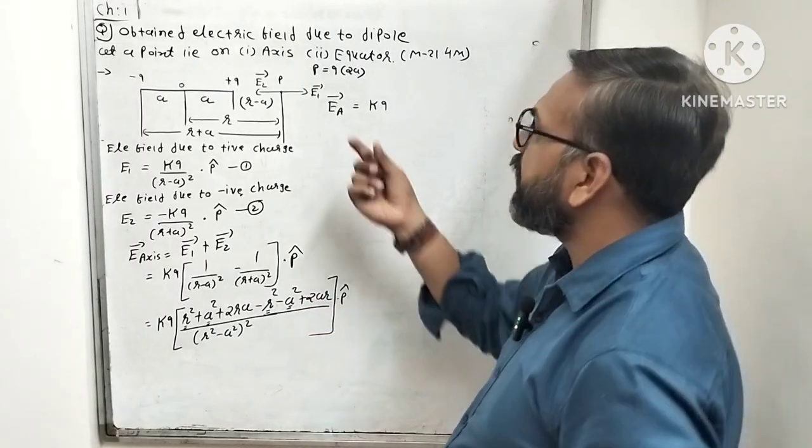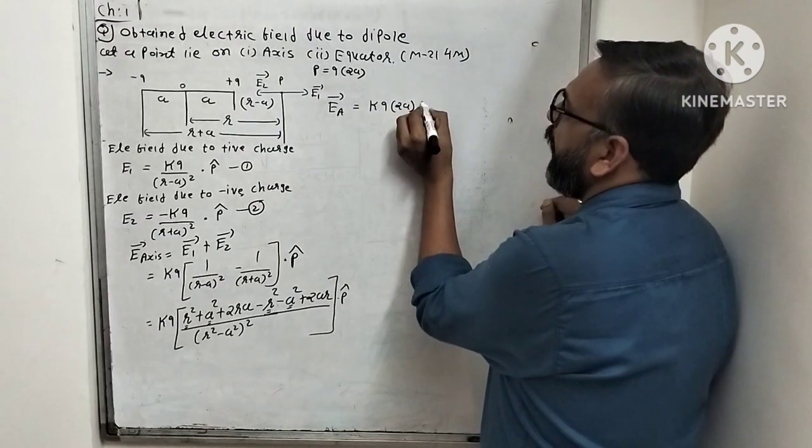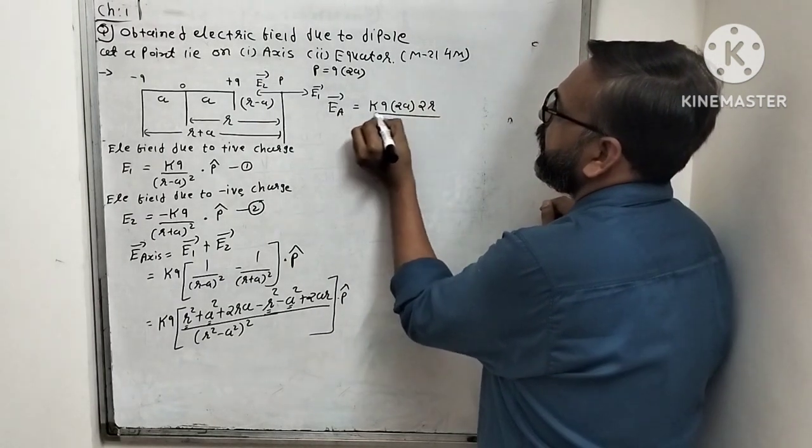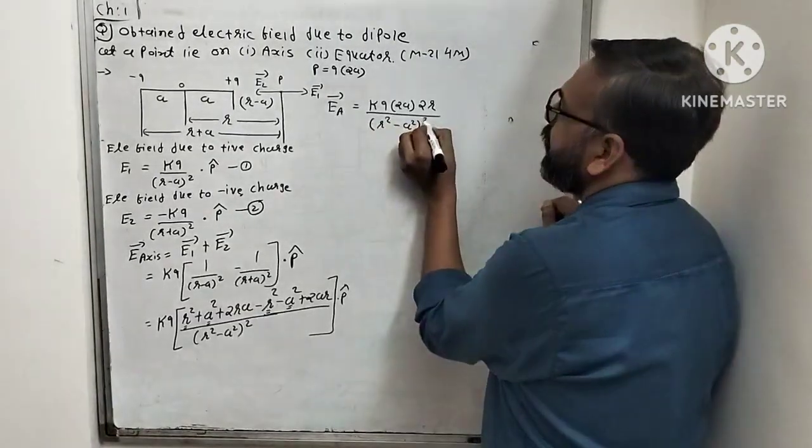In that term we separate 2A to make the electric dipole moment, and here is 2R upon (R square minus A square) raised to square.